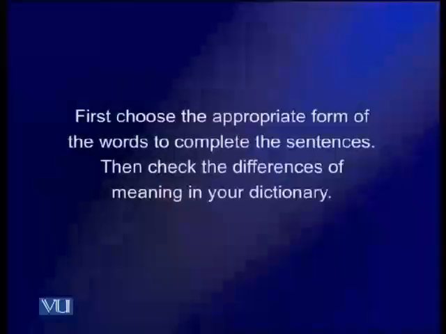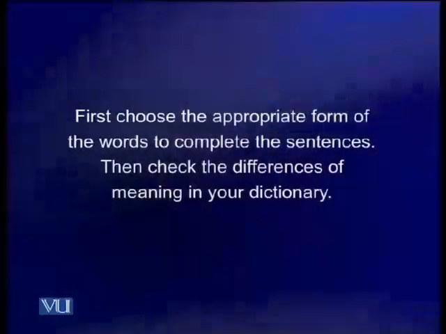Now you will see a number of words. Some are verbs and some are nouns. You have to choose the most appropriate form to complete the sentence. And you can look up the differences in meaning of those words in your dictionary.